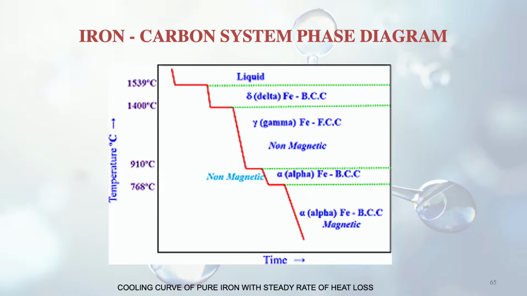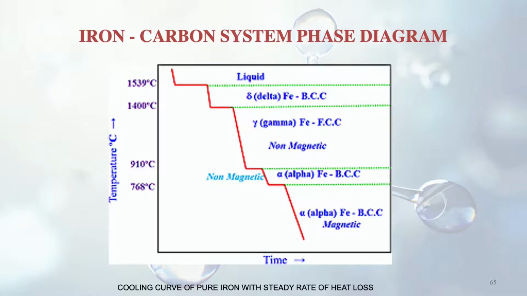Here we can see a curve which gives us the cooling of pure iron with a steady rate of heat loss. So with time, temperature is varying for the pure iron. You can see that we start from the 1539 degrees centigrade temperature, which I told you earlier, and in this phase it is pure liquid molten iron, and it stays there for a certain time, meaning the temperature doesn't vary for a certain time.